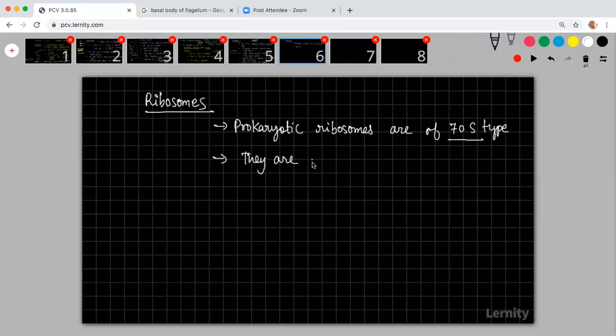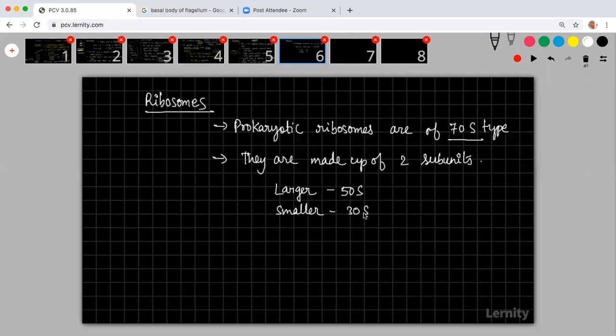They are made up of two subunits. The larger subunit is 50S. The smaller subunit is 30S. Together, it is 70S unit.